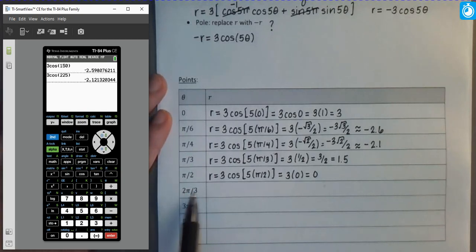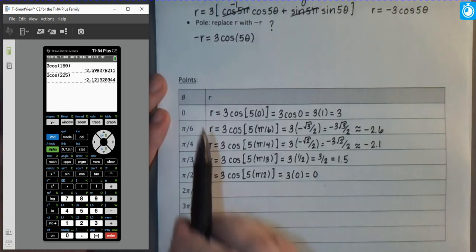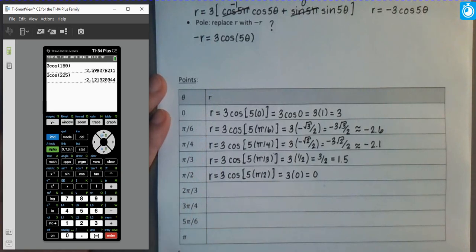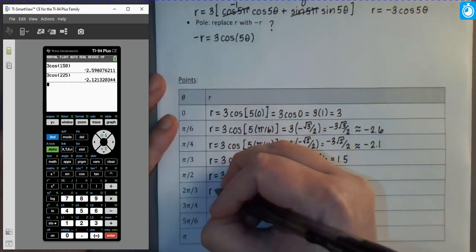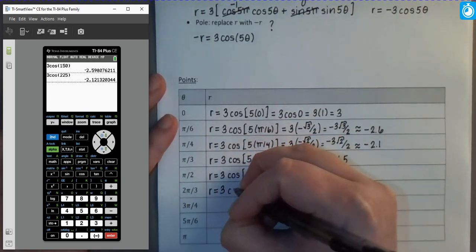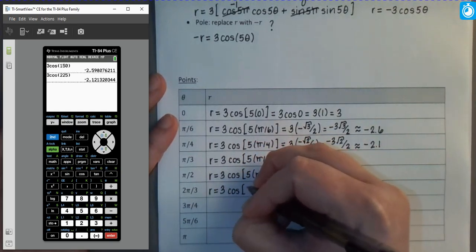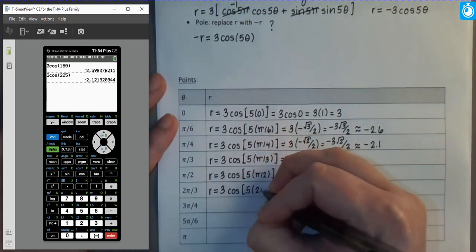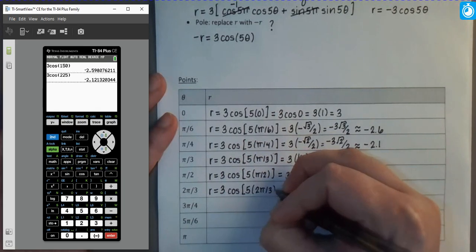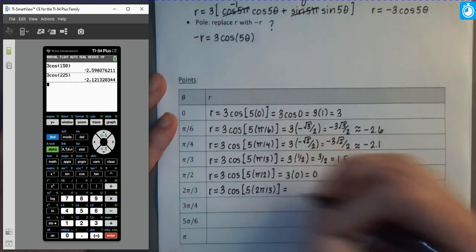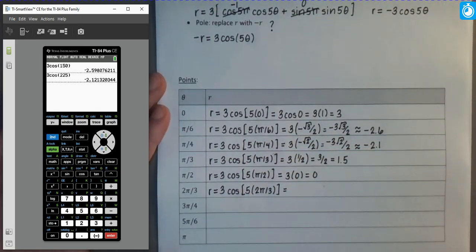So 2 pi over 3, that's going to be our next radian measure. Now we're transitioning from quadrant 1 into quadrant 2. So r is equal to 3 times the cosine of 5 times 2 pi over 3. Okay, so that's going to be 10 pi over 3. Now 10 pi over 3, we need to find something that's coterminal to that. 10 pi over 3 is going to be coterminal to 4 pi over 3.